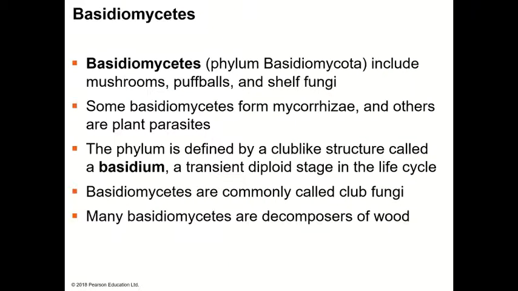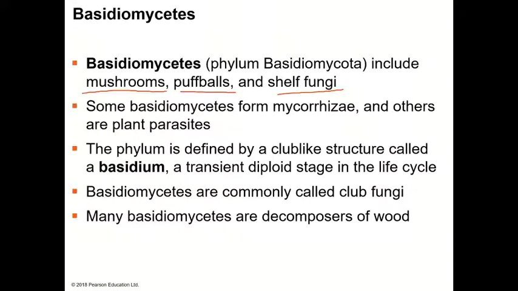And then lastly, we have the phylum Basidiomycota. This is where our edible mushrooms belong, even puffballs, and even shelf fungi, those bracket fungi that grow on the bark of trees and look like shelves, literally.